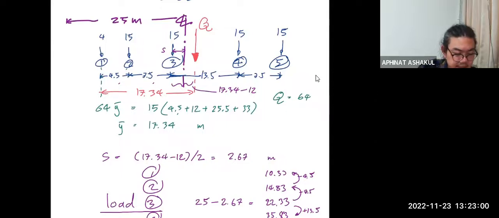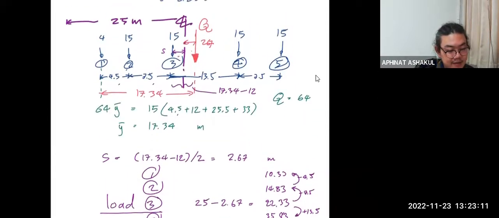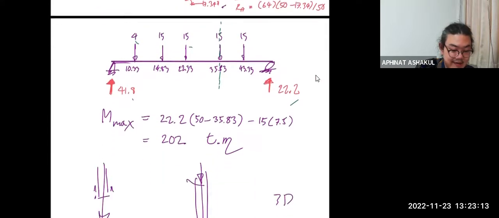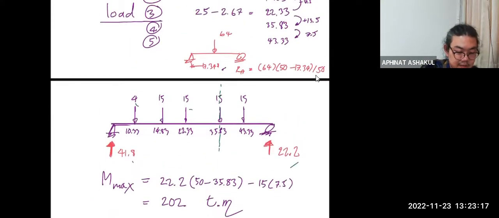And this distance is how much? 2.67, right? Same as this. So the Q here is in fact 27.67, right? Sometimes, just work life like that. My apologies.